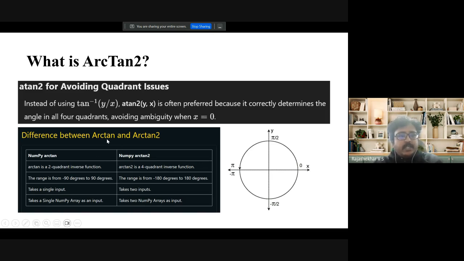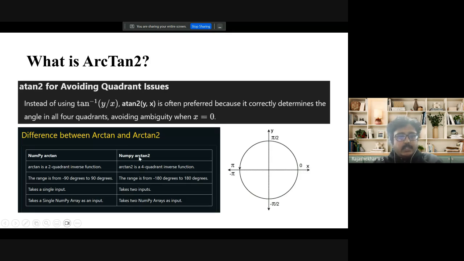The difference between arctan and arctan2 is as follows. The arctan is the two-quadrant inverse function, but arctan2 is a four-quadrant inverse function. The range for arctan is from minus 90 to 90, and this is the only range for it.